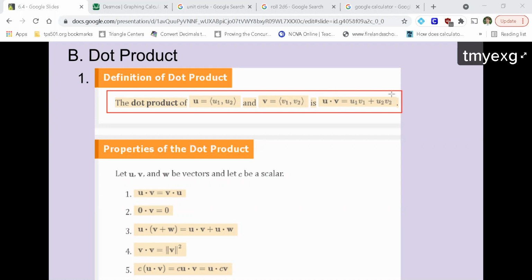You take the y components and multiply them together, and then you add those two products together. So the result of a vector being dotted with another vector is actually a scalar, a single number.